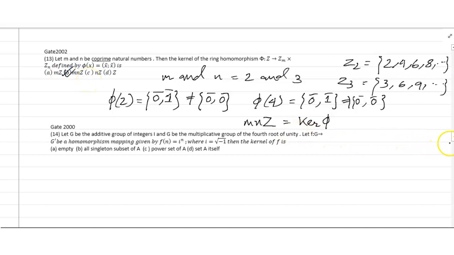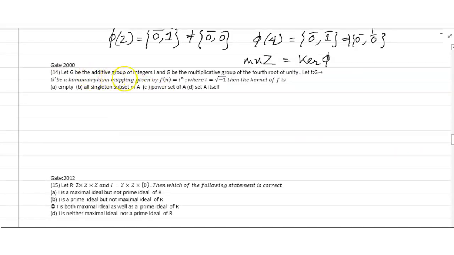Next question: let G be the additive group of integers and G dash the multiplicative group of fourth roots of unity, and f from G to G dash the homomorphism given by f(n) equals i to the power n. What is the kernel of f?